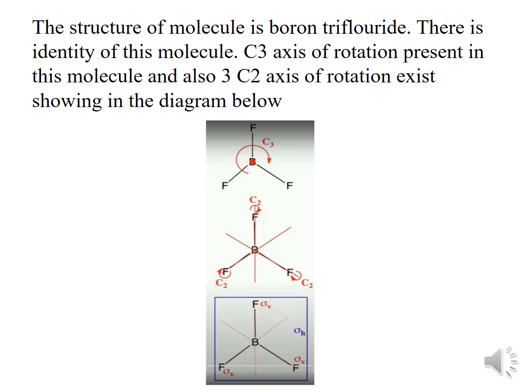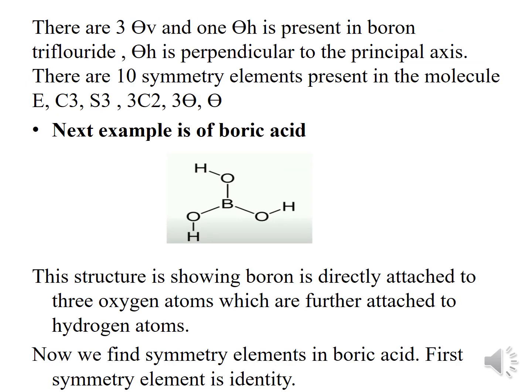In this diagram we can see C3 and 3 C2 rotations. There are 3 sigma v and 1 sigma h present in boron trifluoride. Sigma h is perpendicular to the principal axis. There are 10 symmetry elements present in this molecule: identity, C3, S3, 3C2, 3 sigma v, sigma h.